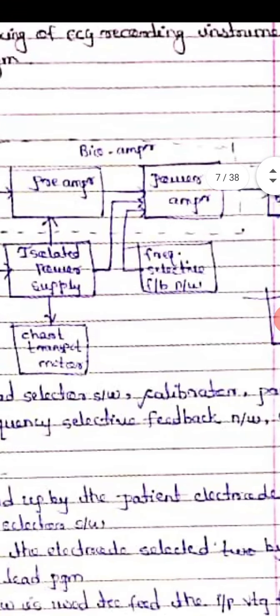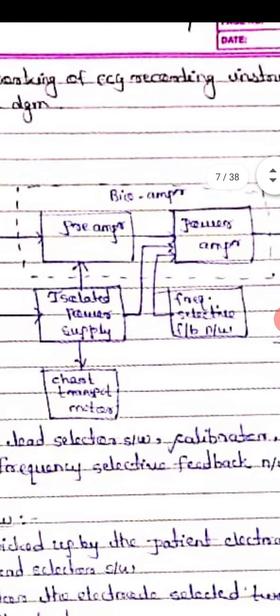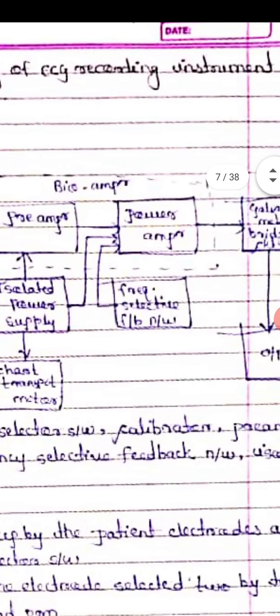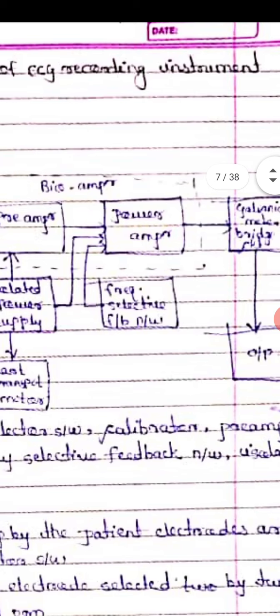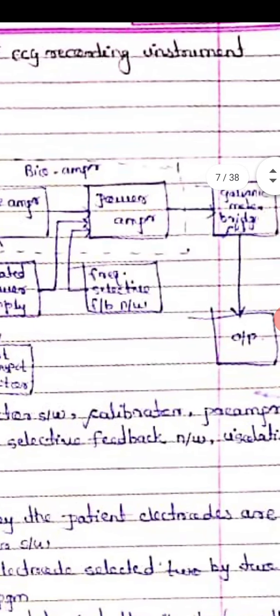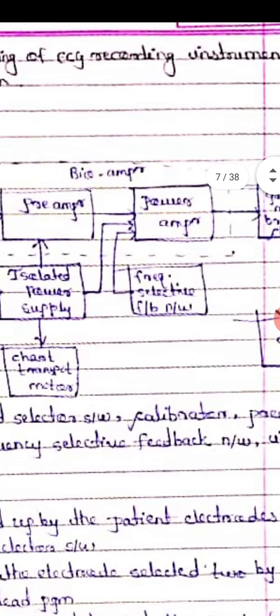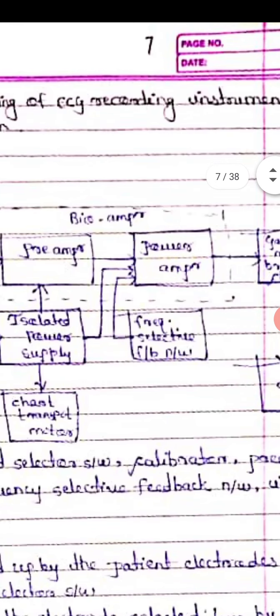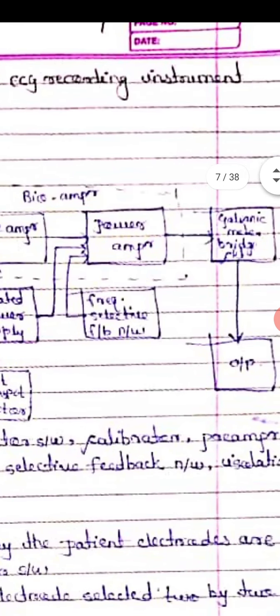All this is given by the preamplifier. The output of the preamplifier is given to the power amplifier. In the power amplifier they use push-pull amplifiers, and it gives a high power gain, and the gain can also be adjusted.